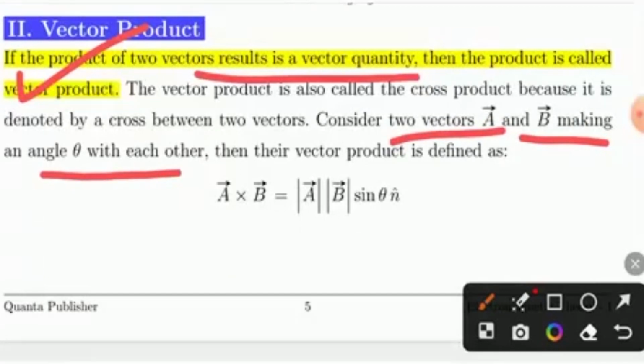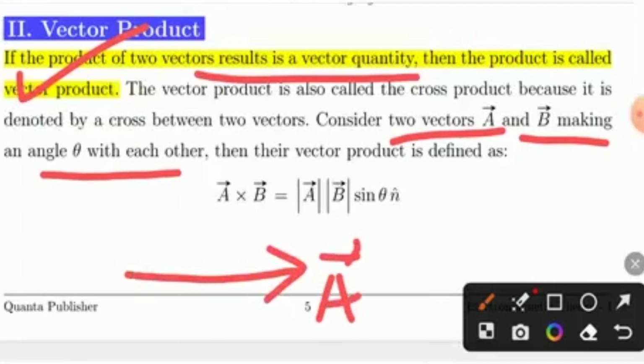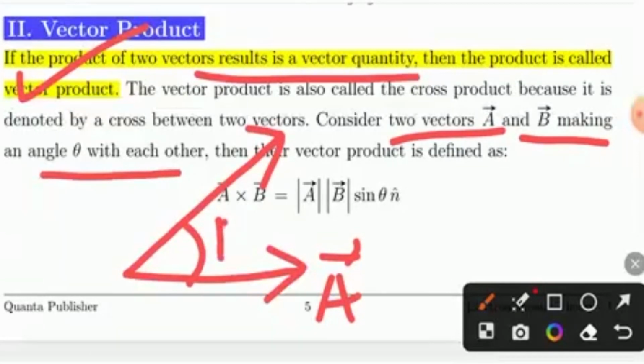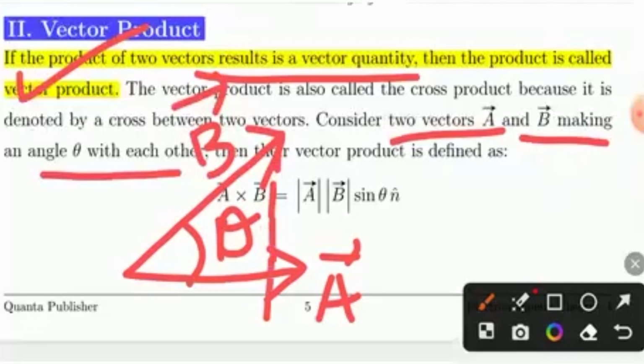Just like this, here is a vector A, and here is a vector B, and this is an angle theta between these two vectors. Now if we want to resolve vector B into its perpendicular component, draw a perpendicular line over here, and we will get the two components.